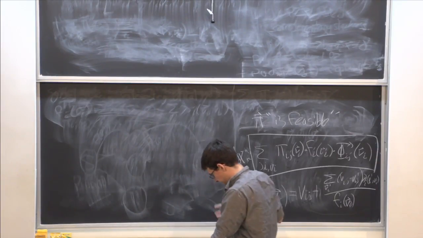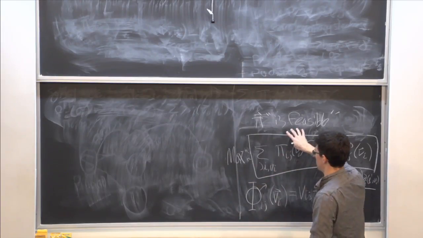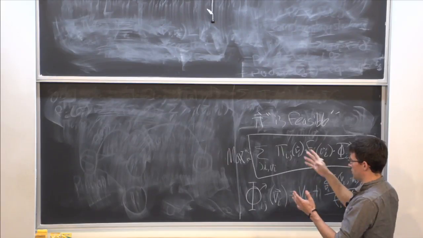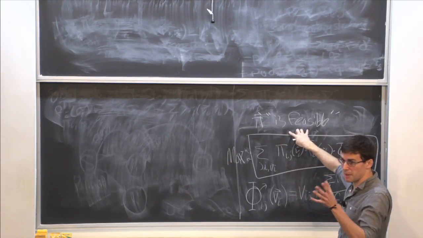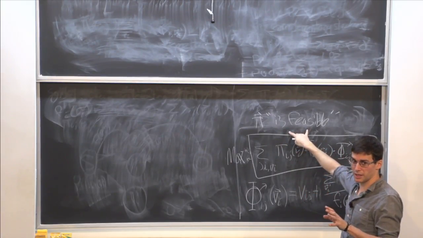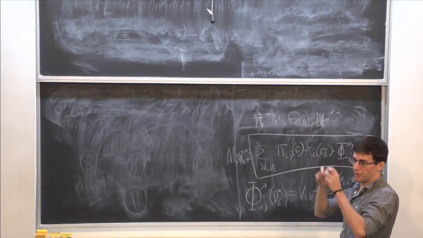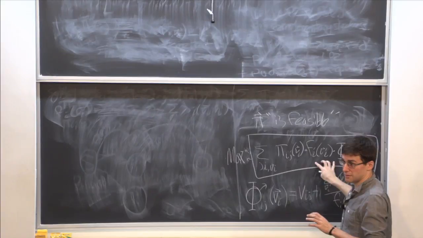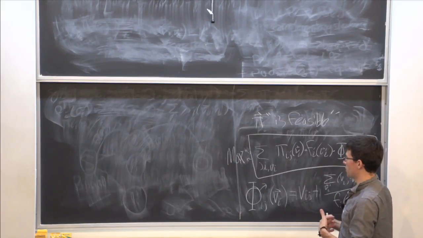Actually, let me talk about this a little bit more. There's a joint optimization, because this does depend on all the bidders in an interesting way, but I want to find, over all the feasible allocations, the one that optimizes this.